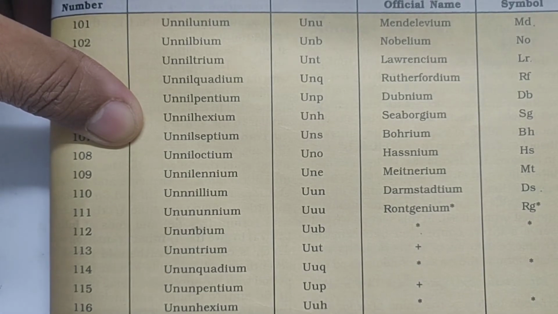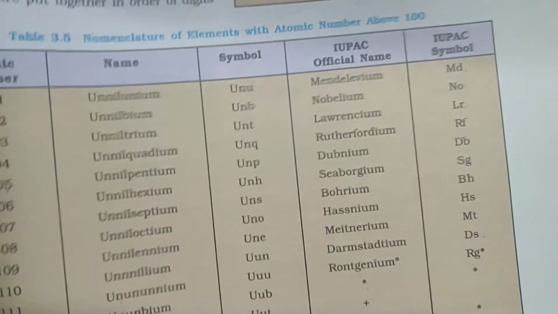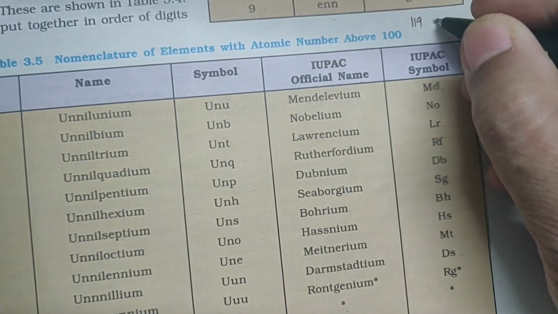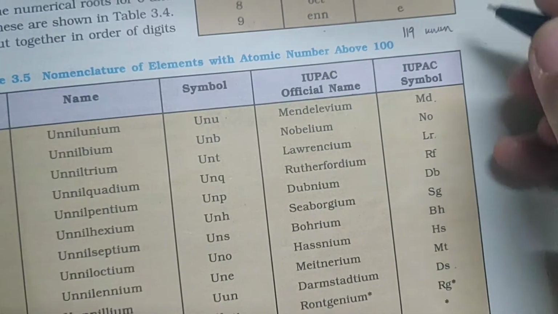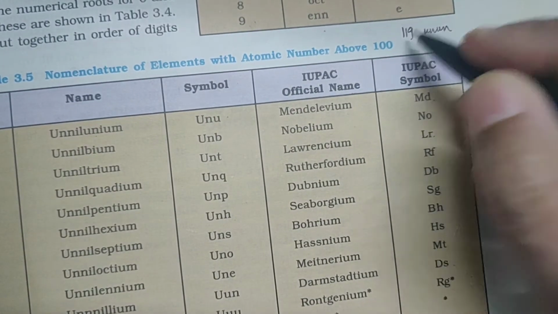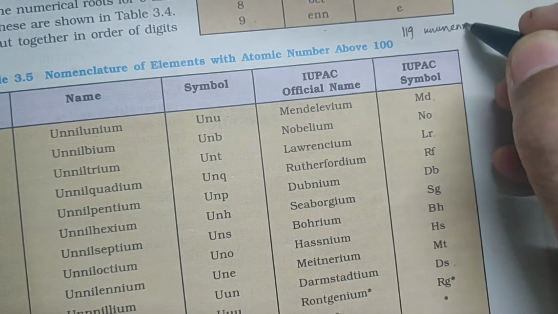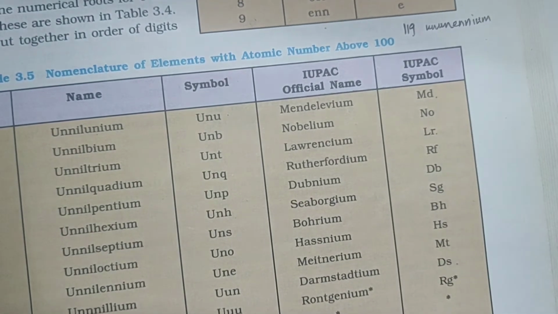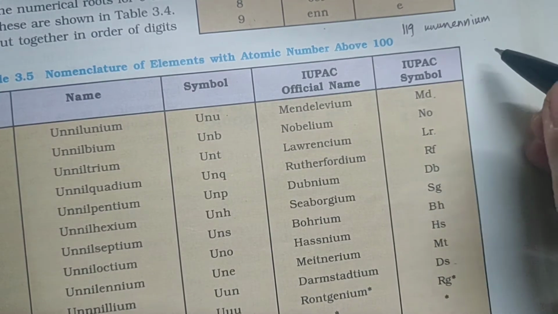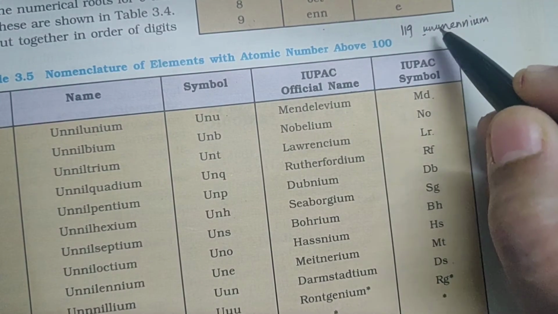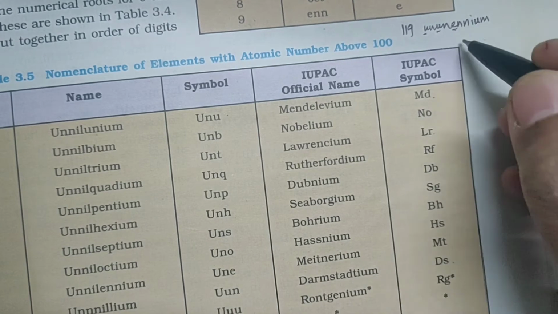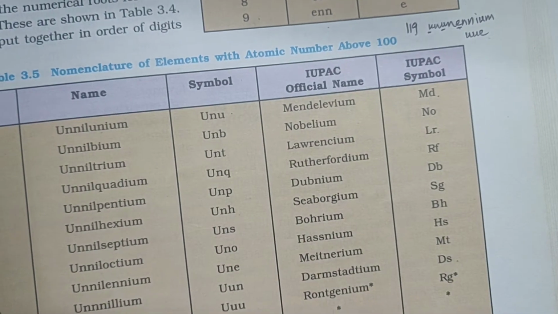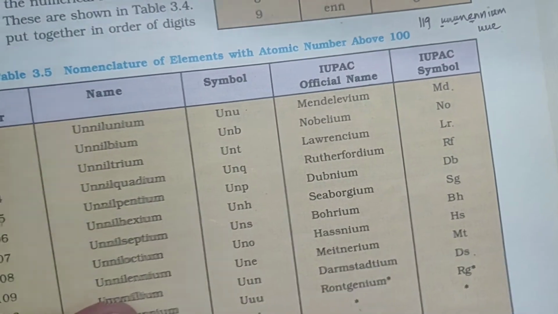For 1 you will write it as UN, and again 1, so it is un, then for 9 it is EN, so ENN, and then you will add IUM. So this is ununennium. So what is the symbol? UUE. This is the symbol. So this is how you have to learn IUPAC names.